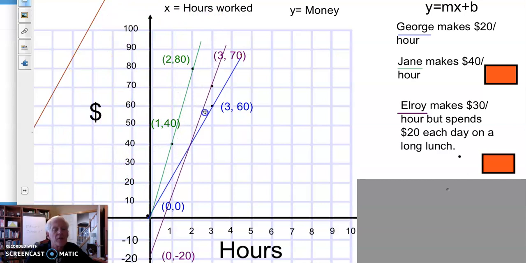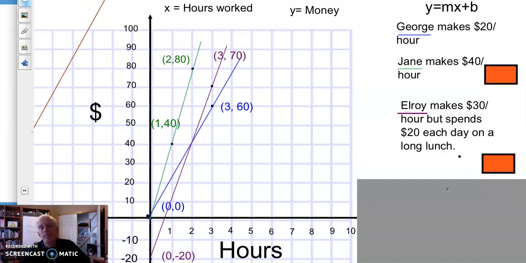Elroy's line is a little bit different than the other people because Elroy's starts below the axis. This line crosses the y-axis at negative 20. George and Jane's meet at 0. So there is Elroy's line. He makes $30 an hour, but spends 20 bucks a day at lunch.